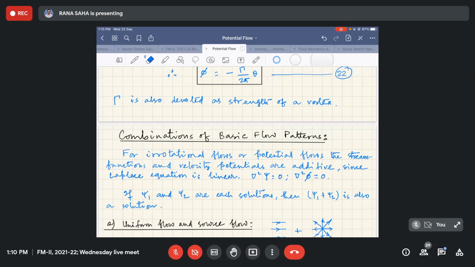So in all the combinations, the treatment was first to obtain the stagnation point.